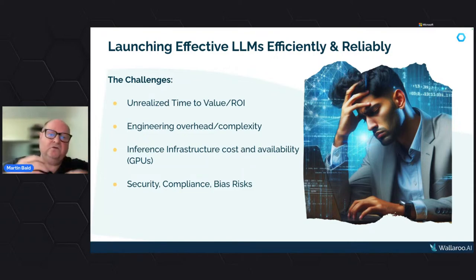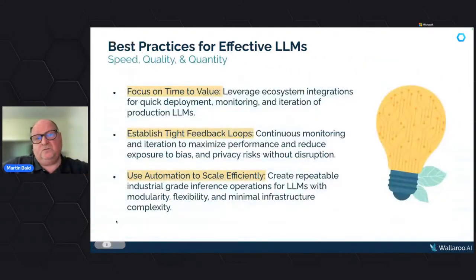And so that's where these challenges that we want to try and mitigate from the very beginning when we deploy into production. And there are some best practices that we can apply to help us on that journey. The first thing is looking at the ecosystem that you already have. Customers have made investments in ecosystems already.